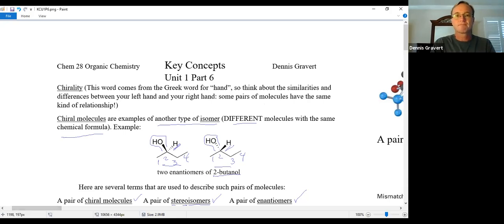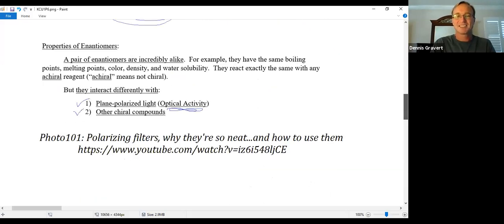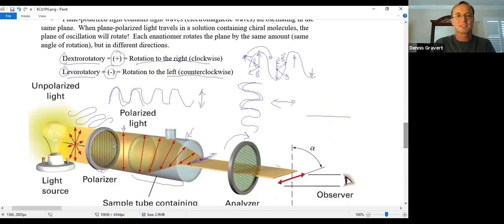I forgot something. I found this YouTube link about polarizing filters. I'm sorry, I want to show you that real quick. This rotating the lens here, blocking the light. Because it's cool. It's a nice little break.